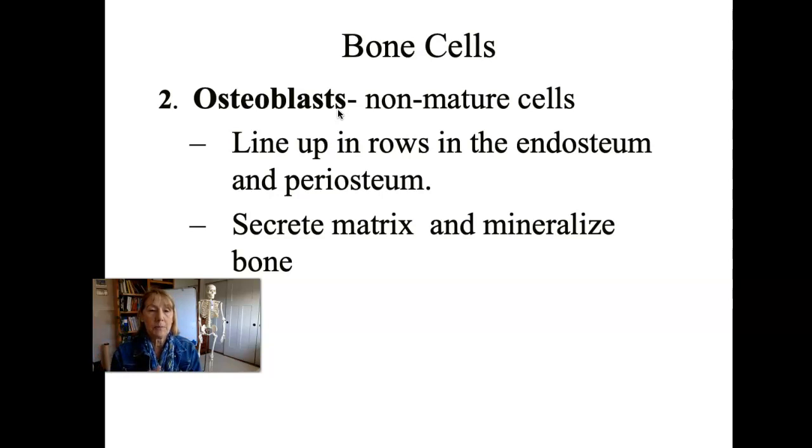If new cells need to be made, this is where we're going to stash them away until needed. They're able to secrete matrix, which means everything that is between the cells, all the hardened part that's not a cell, but has substances like calcium and phosphorus and magnesium. They're going to mineralize the bone. They're going to make the bone hard.